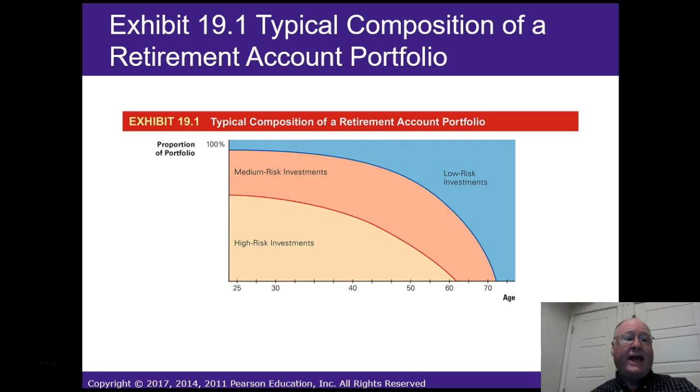There are SIMPLE plans, the savings incentive match plan for employees. These are found usually in firms of less than 100 employees, where an employee can contribute usually up to about $12,000 annually, and then the employer can match that. And the contribution limits will change based upon inflation.